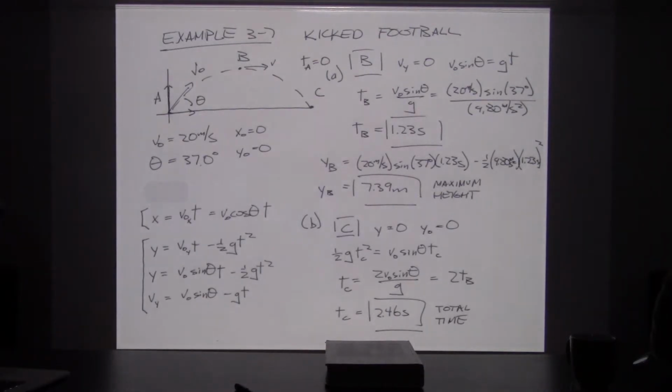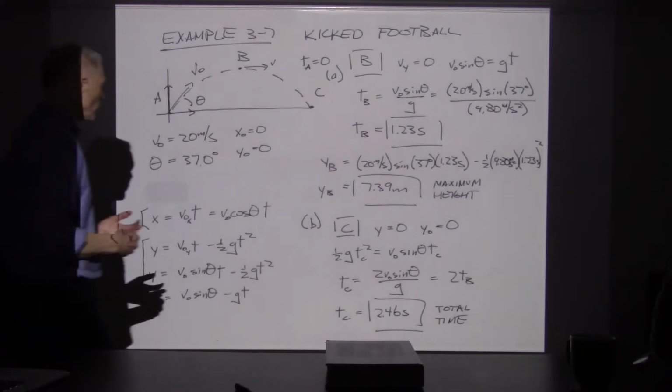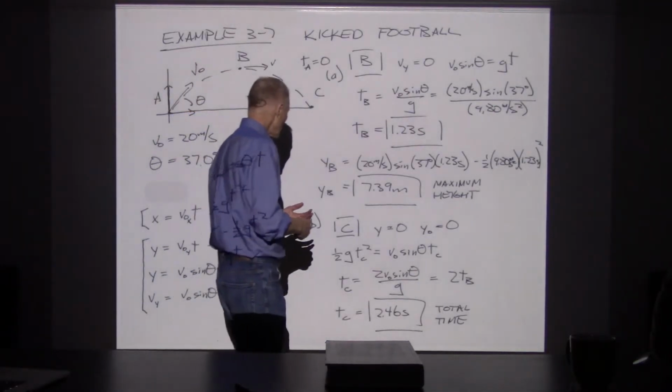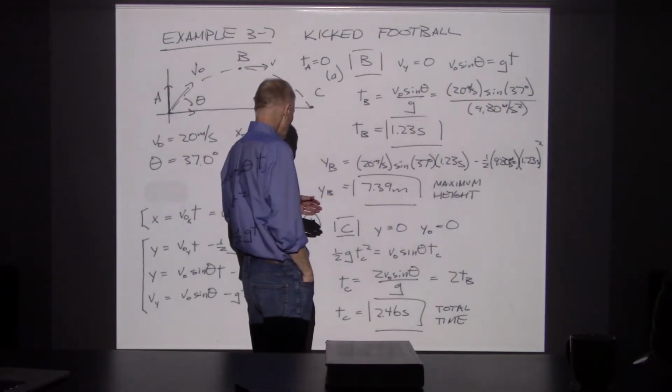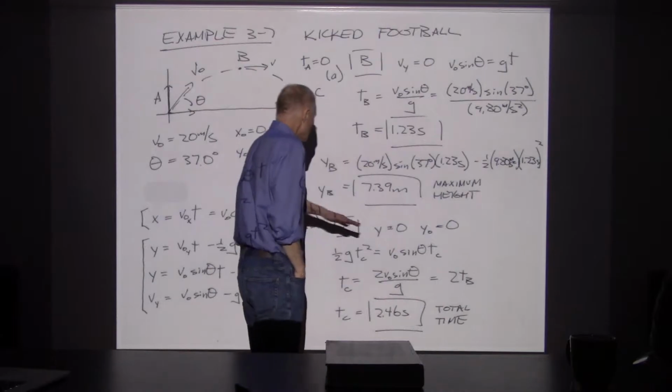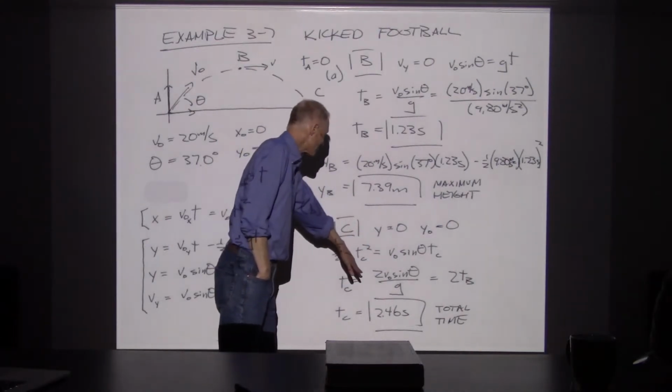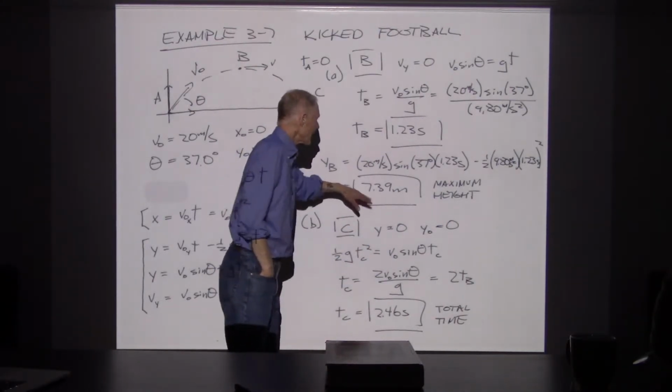So again, we've got to kick this football on the moon to make sure that we're neglecting air resistance. So that's it. We've solved part B, we've solved part A.